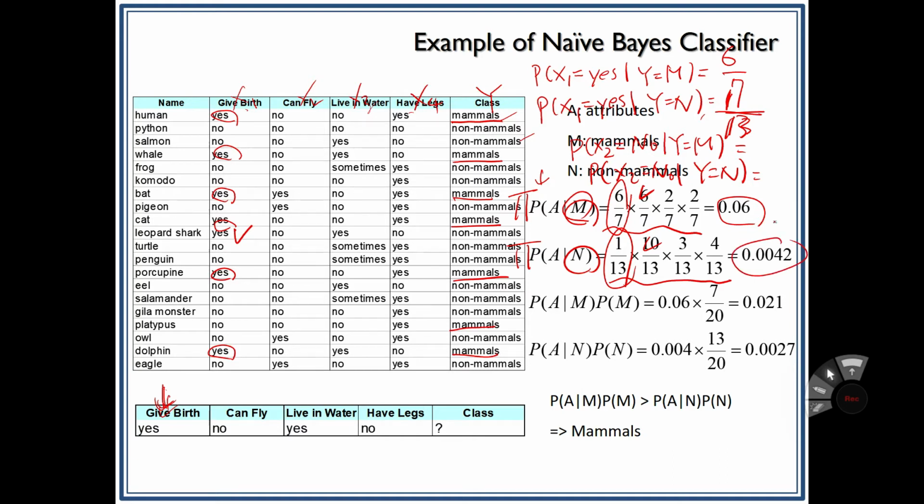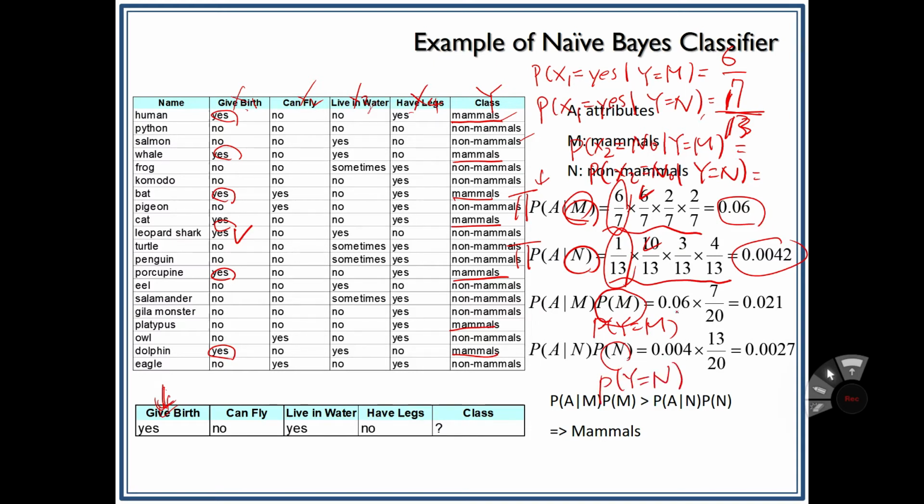As you can see from these two values, and as I told you in the last session, because the answer is the multiplication of probabilities, the numbers are pretty small. After that, we multiply by the prior probability of y being mammal and the prior probability of y being non-mammal.